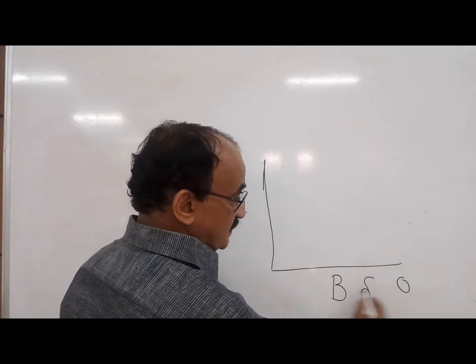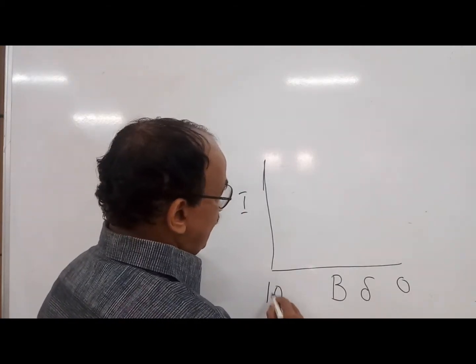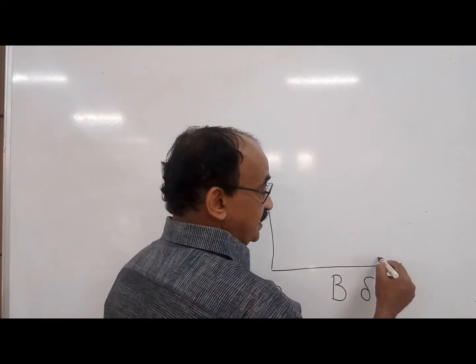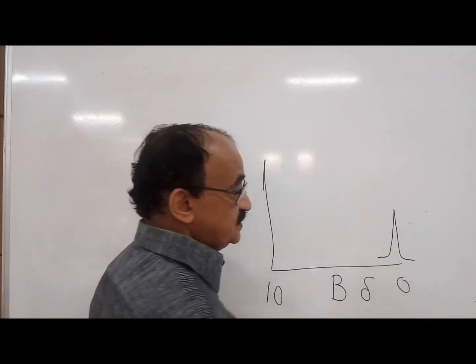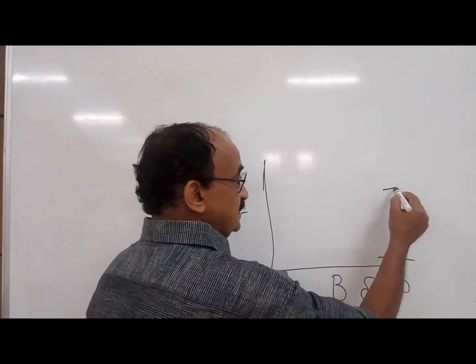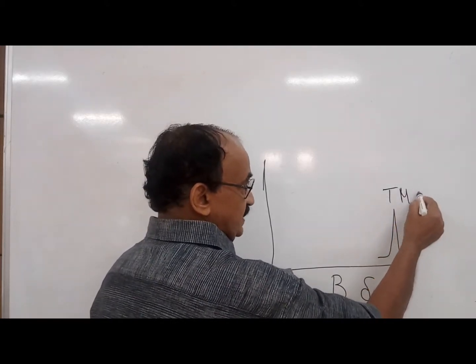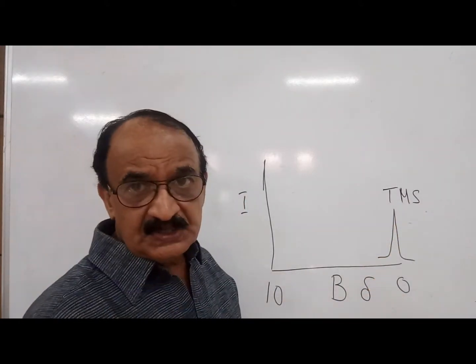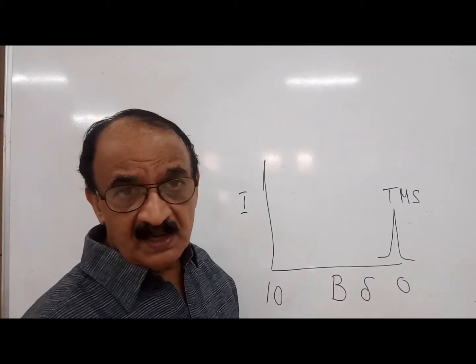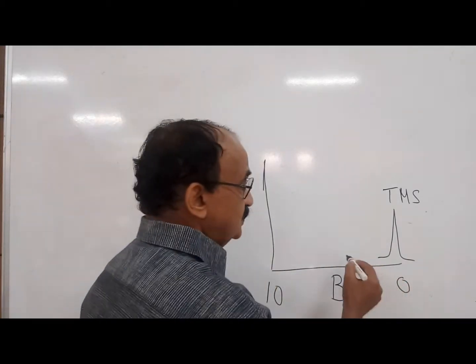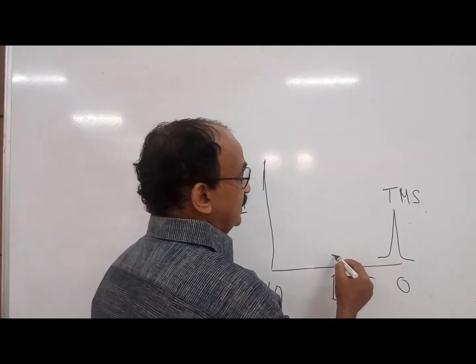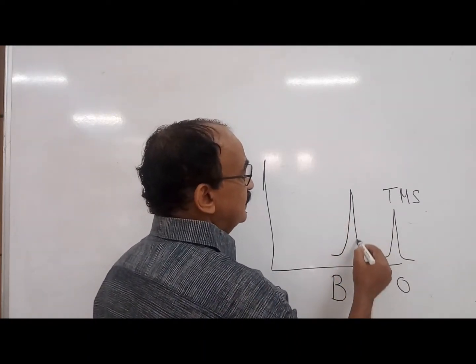Chemical shift varies from 0 to 10, and normally we get a signal at delta equal to 0 due to TMS, that is the standard reference. Signals of our compounds are compared with the TMS, and the signals of our compound will come left to the signal of TMS.